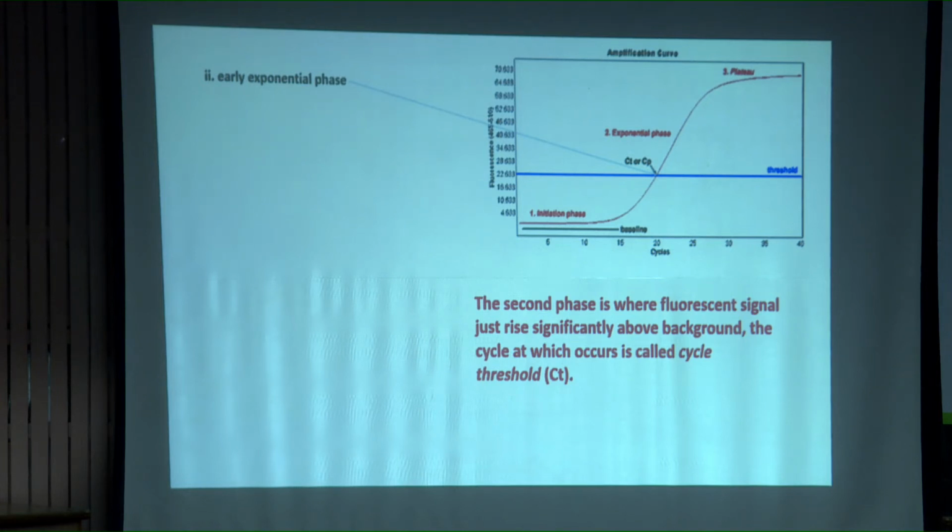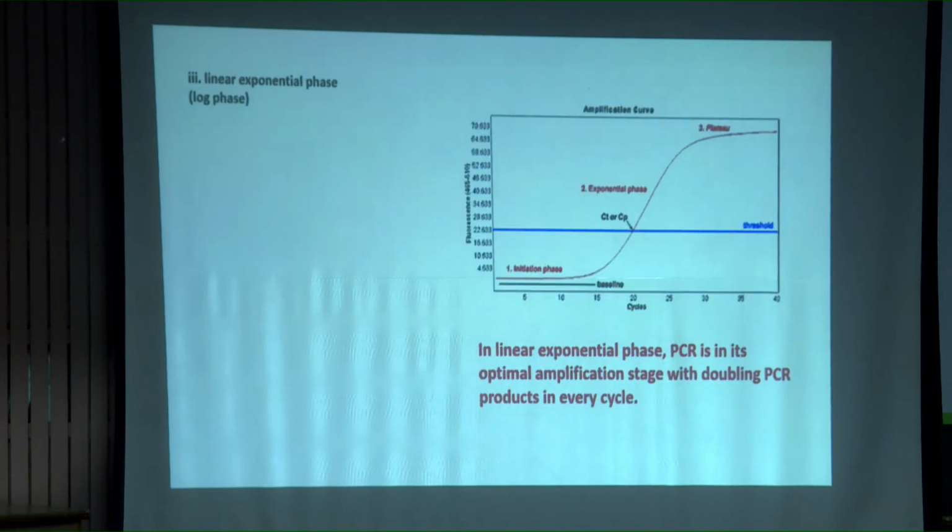Right? Now, the second phase is where the fluorescent signal just rises significantly above the background. The cycle at which this occurs is called cycle threshold, right? It is also called CT values or CQ values, quantitative threshold, right? Linear exponential phase, right? Everything is doubled, quantum, right? So it's here.